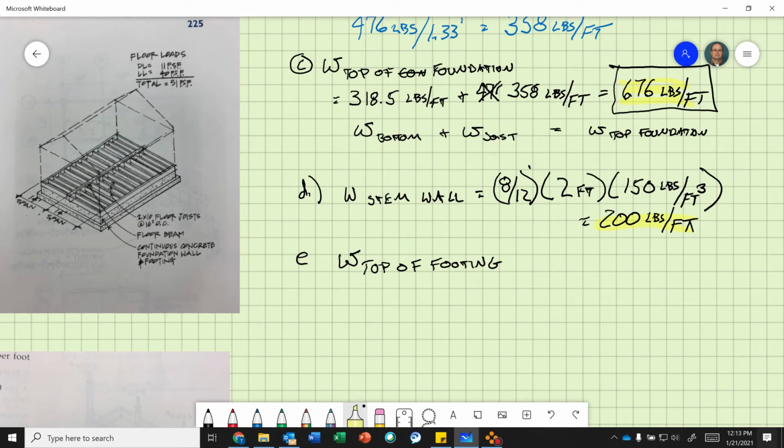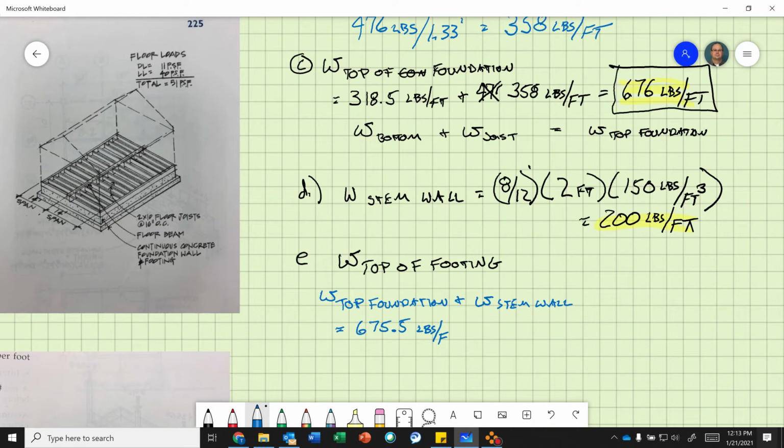Okay, so we have W line load top of foundation plus the line load from stem wall, and that equals 675.5.